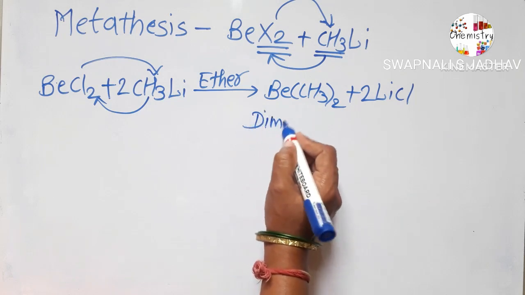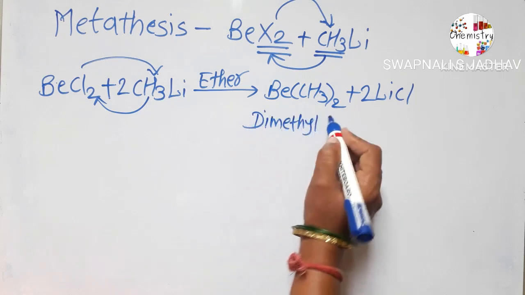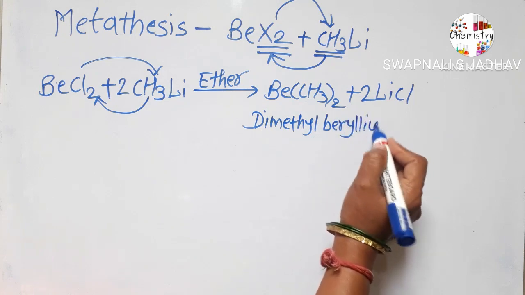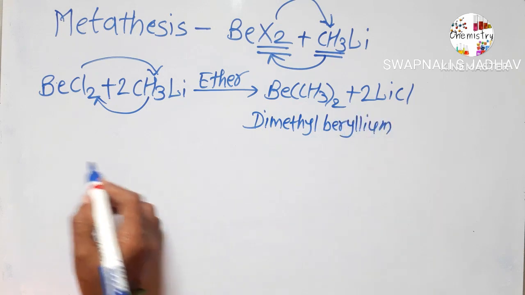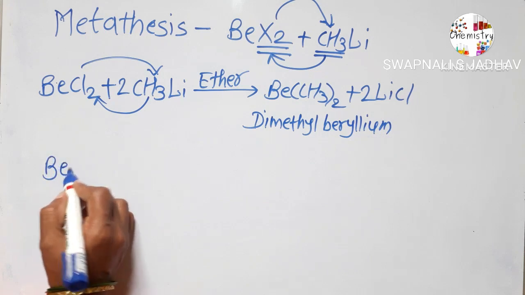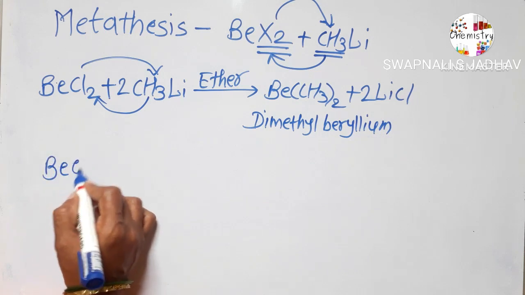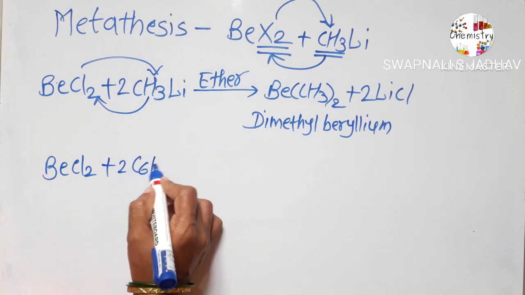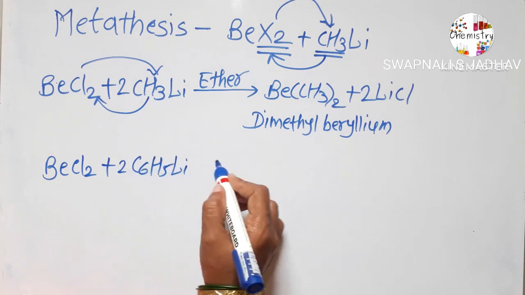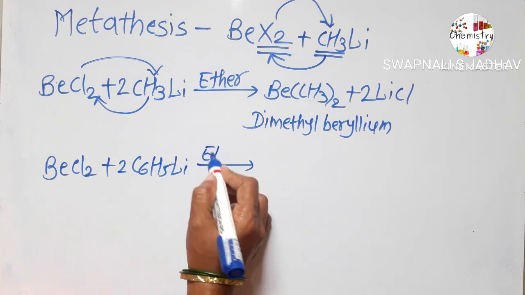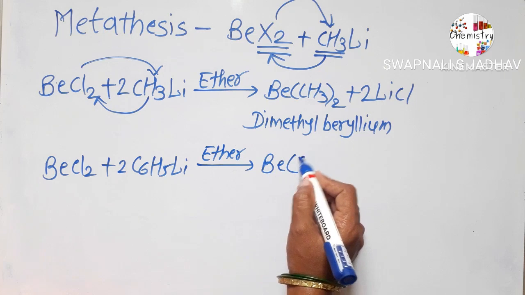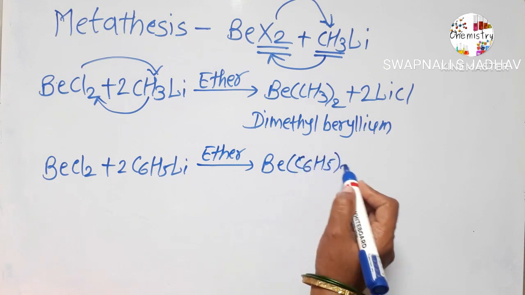Which organometallic compound is formed? Dimethyl beryllium. Similarly, we synthesize aryl compounds of beryllium: when beryllium chloride is reacted with phenyl lithium in presence of ether, there is formation of diphenyl beryllium.